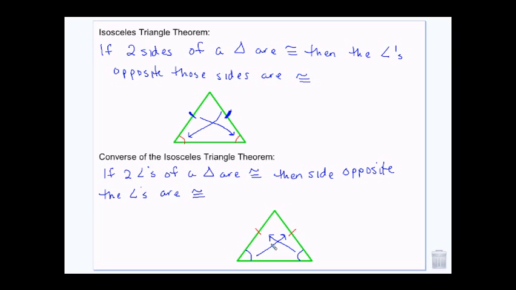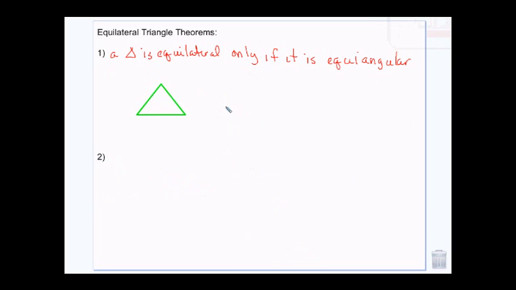Okay, so a triangle is equilateral if and only if it is equiangular. Sorry, it should be if and only if. So all three angles have to be equal for all three sides to be equal.